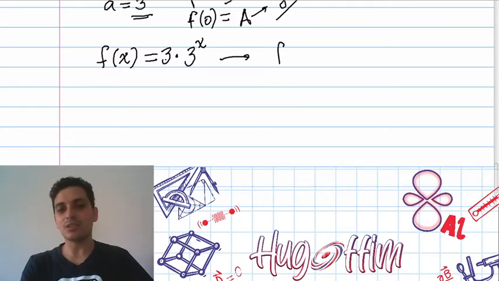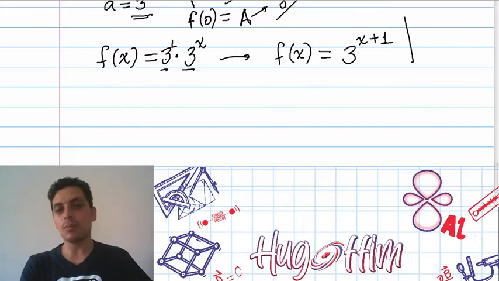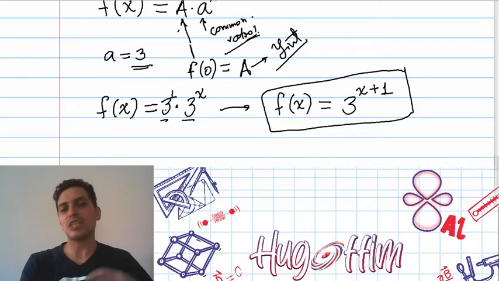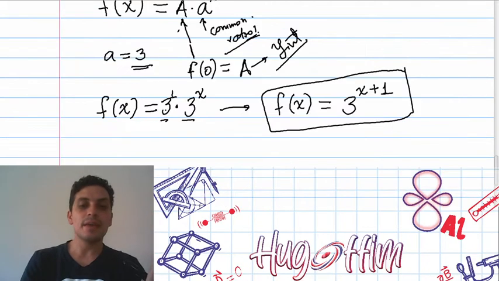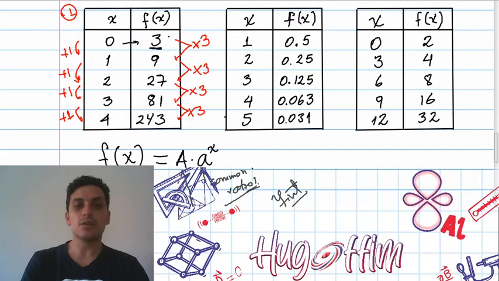So the function rule for this function is going to be 3 to the x plus 1. I'm using properties of exponents, in which, if we have the same base, we can add the exponents. So that will be for table number 1. Take your time to understand what I'm talking about. Look at what I did: the function rule, the common ratio, and using the common ratio, I built the rule. This is for option 1.